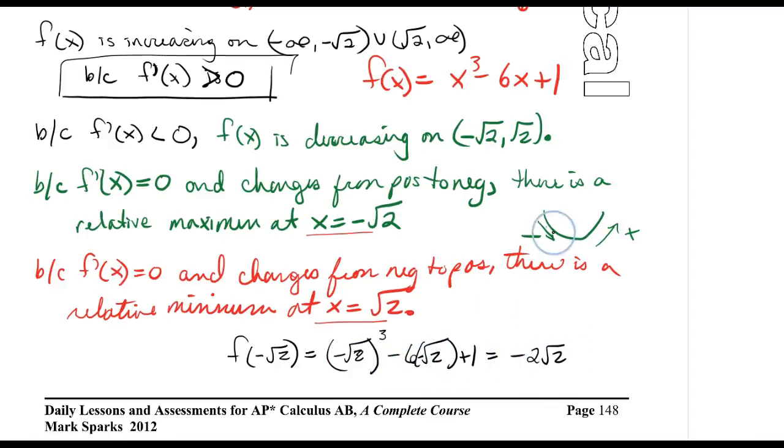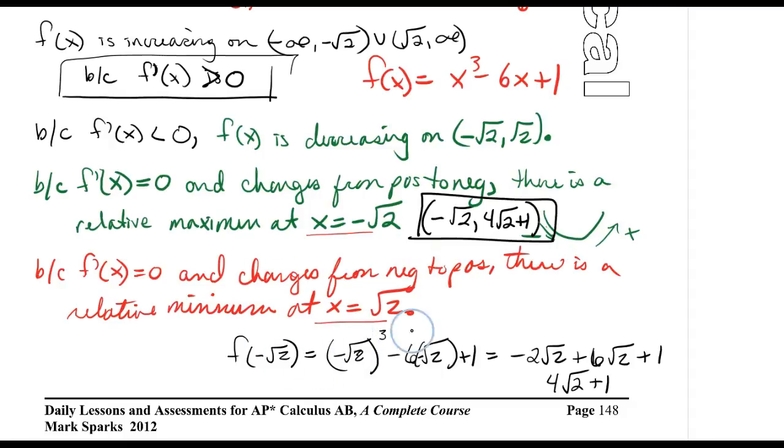Negative 6 times negative radical 2 is plus 6 radical 2, plus 1, which combines to 4 radical 2 plus 1. We could find the decimal equivalent, but that gives us our coordinates here, negative radical 2, 4 radical 2 plus 1.